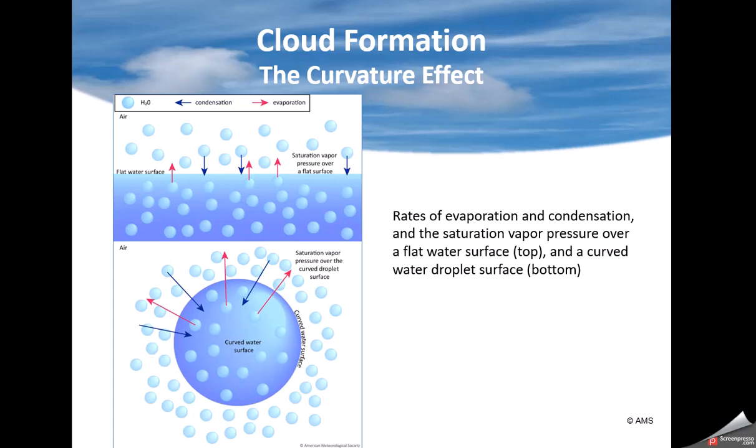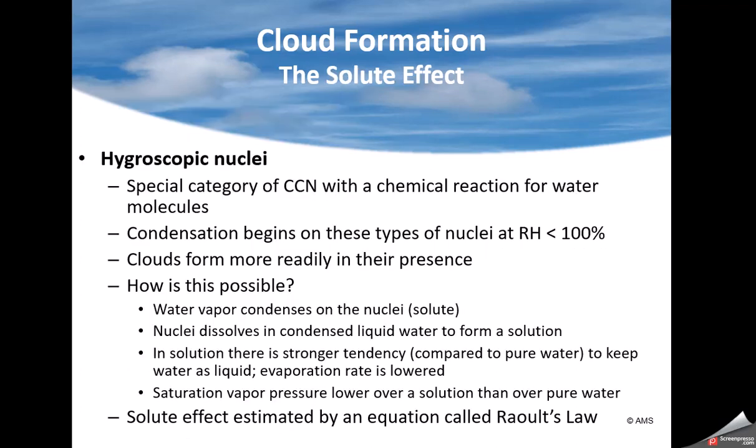It creates a solution that allows that raindrop to hold in its condensed water. So now that we've got raindrops, they can begin to grow with time. And this condensation nuclei actually begins to create raindrops at right around 100%, just a little bit less than that.